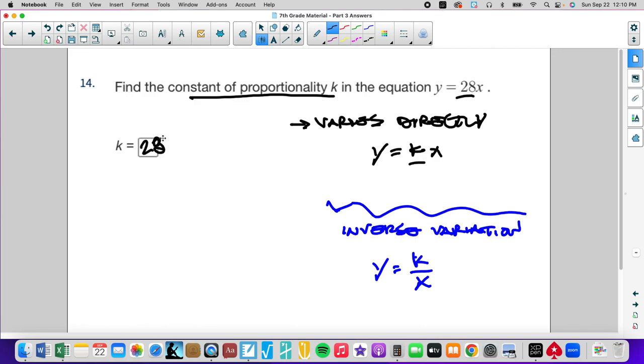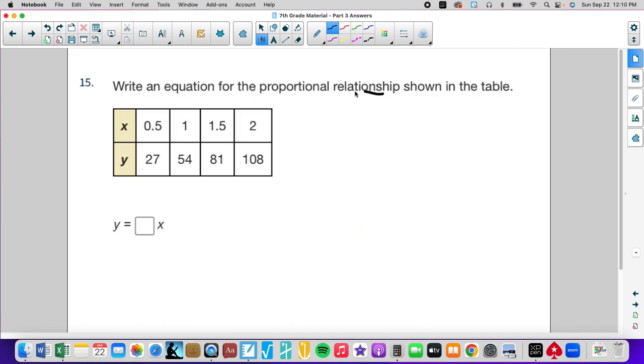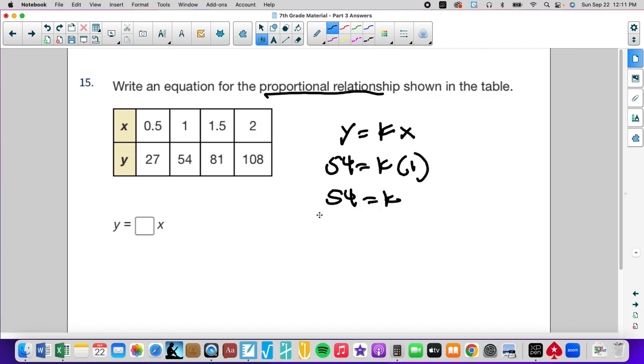Again, we stick with proportional relationships. So we know that y equals kx, and we're given x and y values, so we can plug in these values. You can plug in any set of these values as long as you use its corresponding x and y. So if x equals 1 and y equals 54, we can substitute that in, and we get k equals 54.